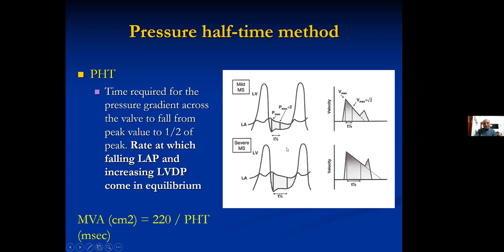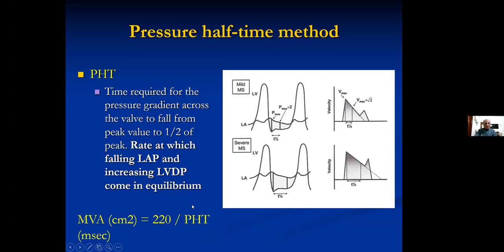That will be the pressure half time. So when there is a severe stenosis, it takes a longer time for the LA to empty into the LV and a longer time for the equilibrium to occur. That is why the pressure half time is prolonged in severe stenosis.